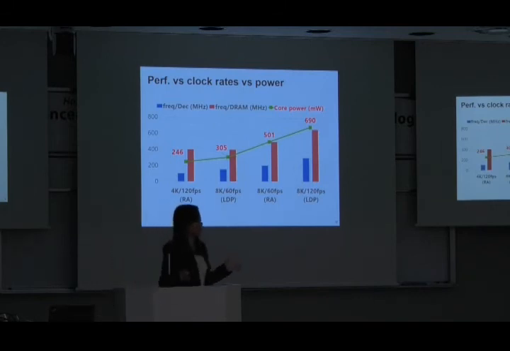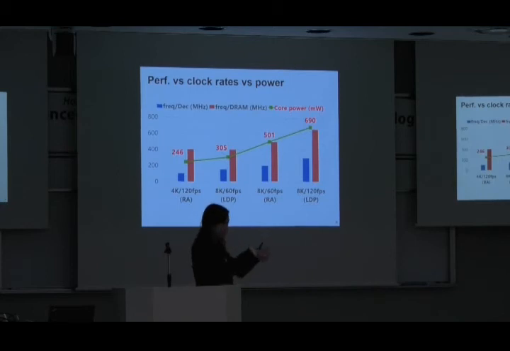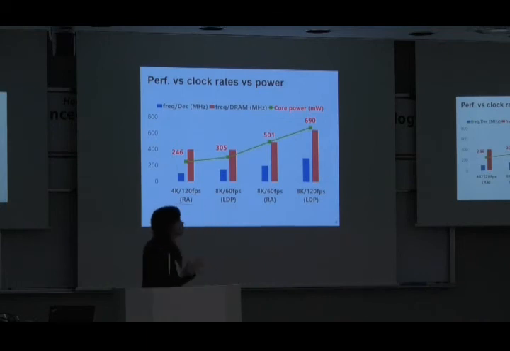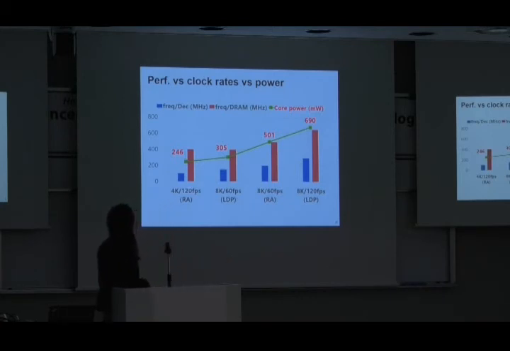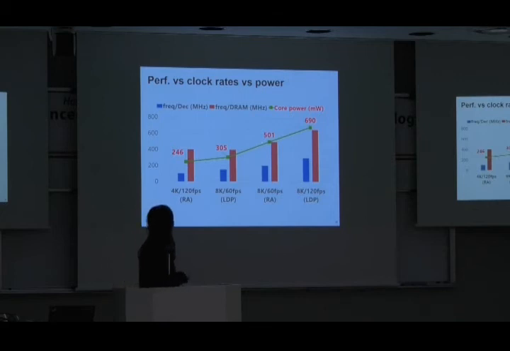When we realize the decoder chip, we have the decoder core, and we have a DRAM. The DRAM is used to store the input picture or some big data, and the FIFO and the BIBO are on the chip itself. There are different frequencies for the decoder core and for the DRAM. Finally, we get the power consumption.